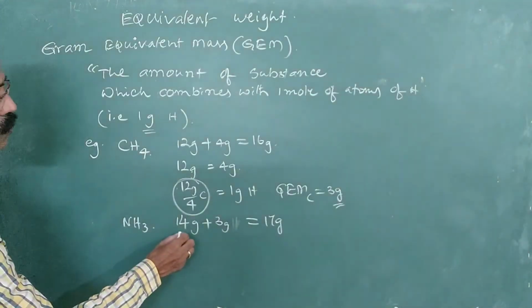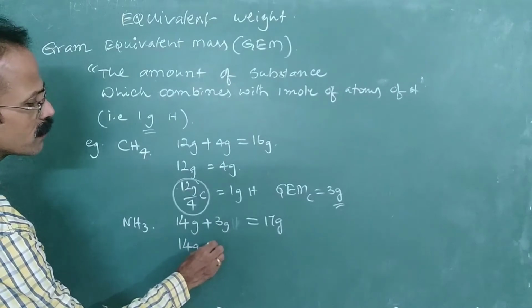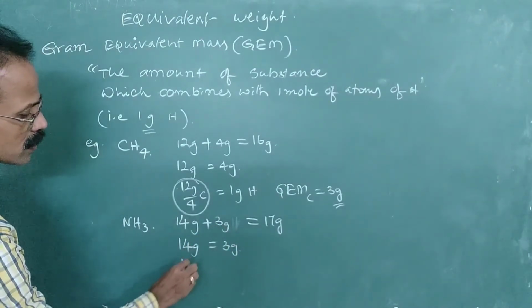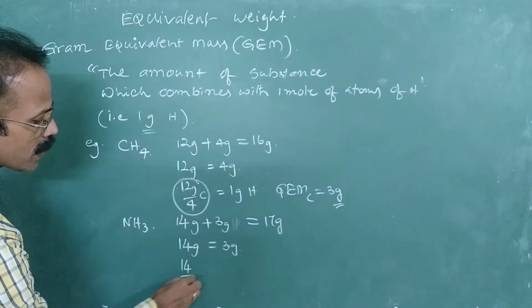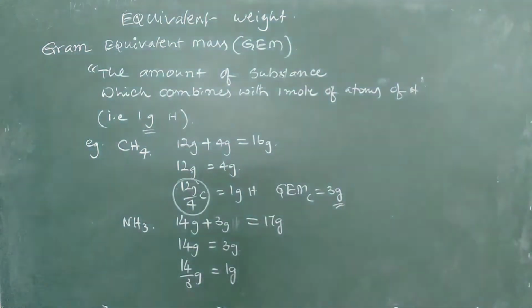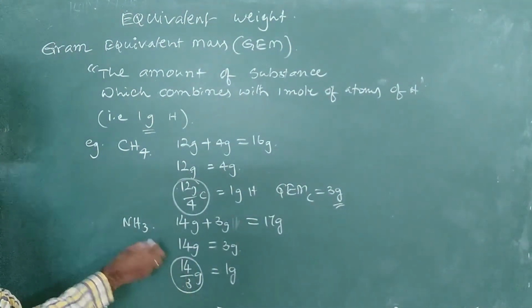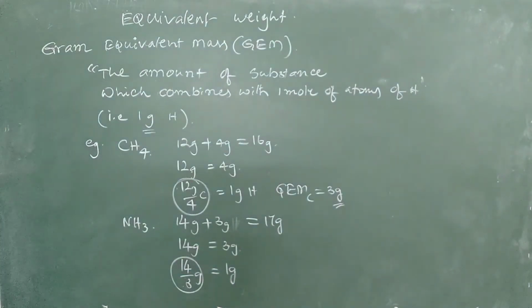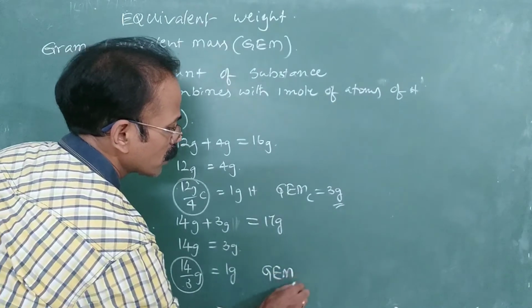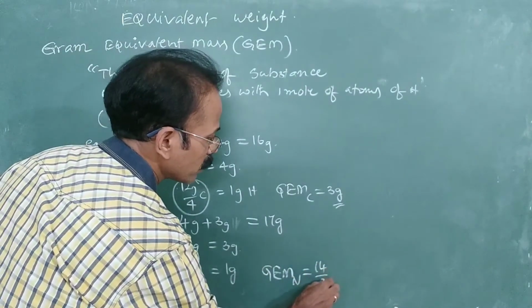So from this, 14 gram of nitrogen are combining with 3 gram of hydrogen, or 14 by 3 gram of nitrogen are combining with 1 gram of hydrogen, right? So by definition this is the amount of nitrogen combining with 1 gram of hydrogen. So now the gram equivalent mass of nitrogen is equal to 14 by 3, right?